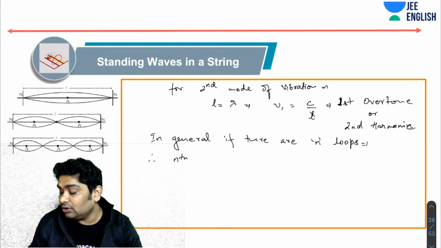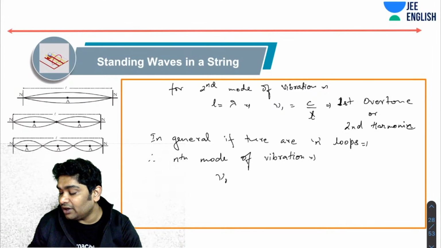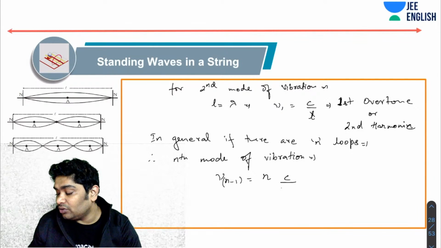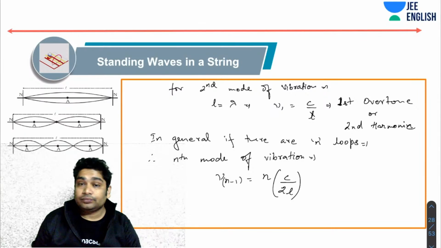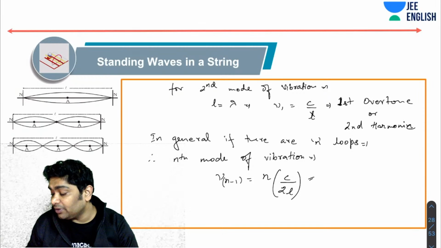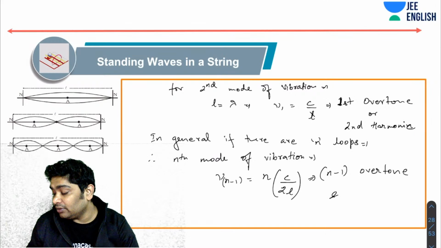Therefore, for the nth mode of vibration, the frequency is called nu n minus 1, and would be equal to n times c over 2L. And this would be called the (n minus 1)th overtone and nth harmonic.